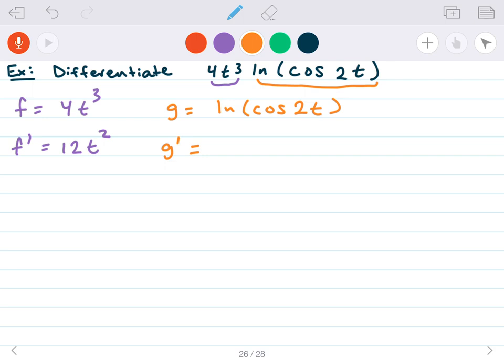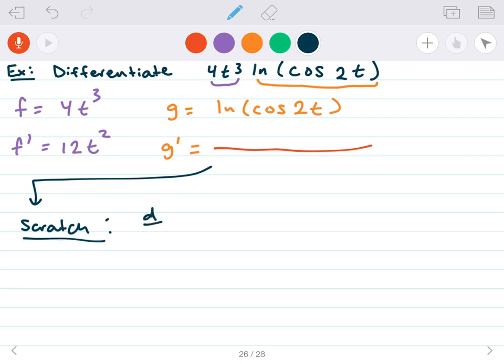And so let's go ahead and do some scratch work to find the derivative of ln cosine 2t. So I want to find the derivative with respect to t, because that's my variable, of ln cosine 2t. Okay, so what's my outer function?